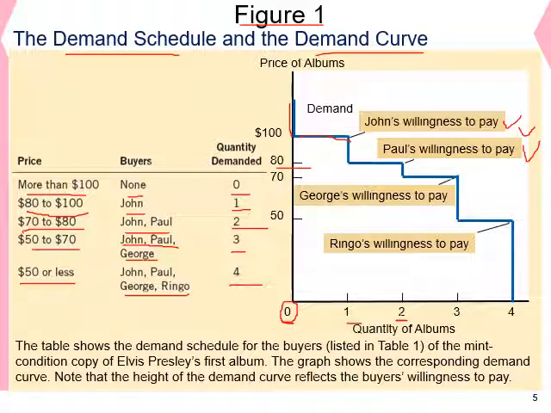If the price is 70, John, Paul, and George will be willing to pay for it, and the quantity demanded will be 3. If the price is 50 or below, all four will be willing to purchase it, and the quantity demanded is 4.